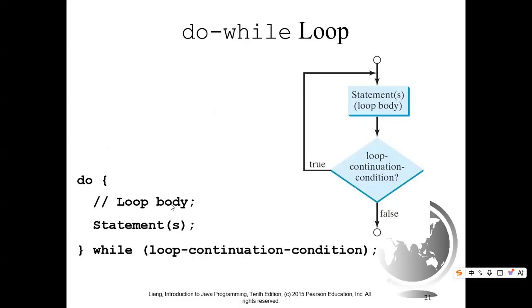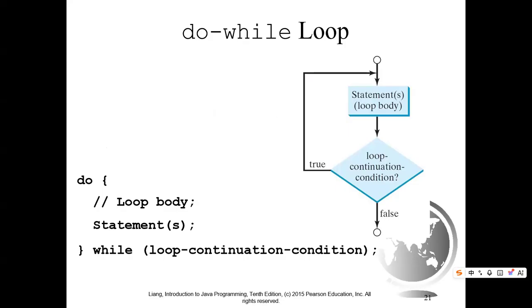And here is the do-while loop. A do-while loop means that you first do something, and then you decide whether the loop continuation condition is satisfied or not. So that means there is at least one time you have to execute the loop body.